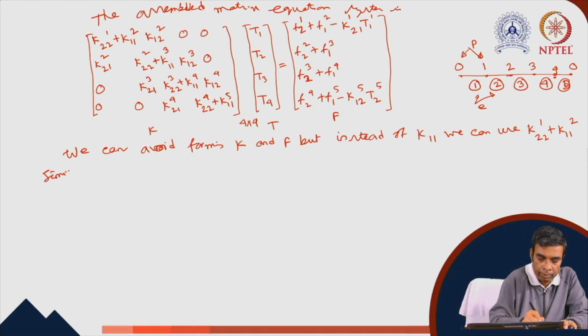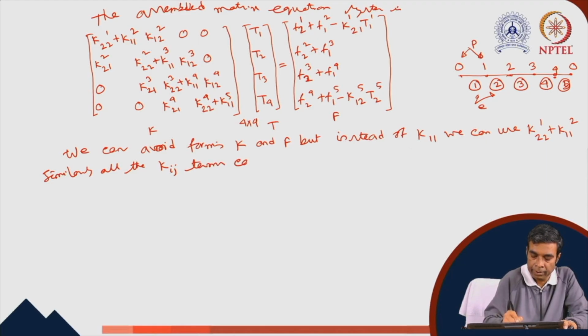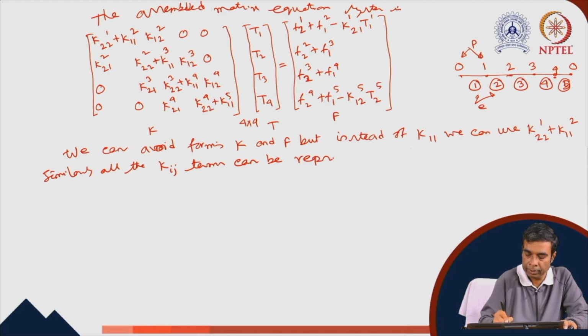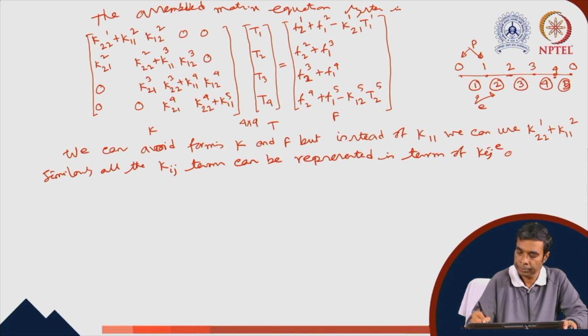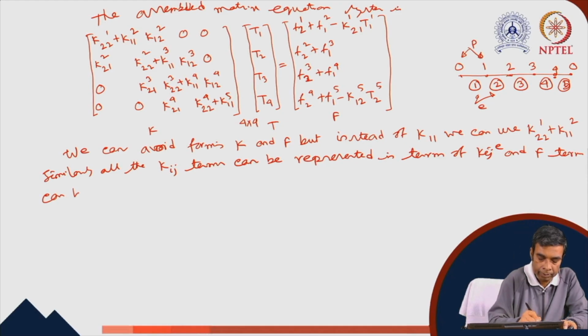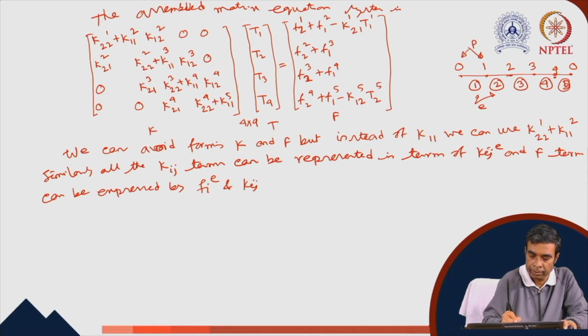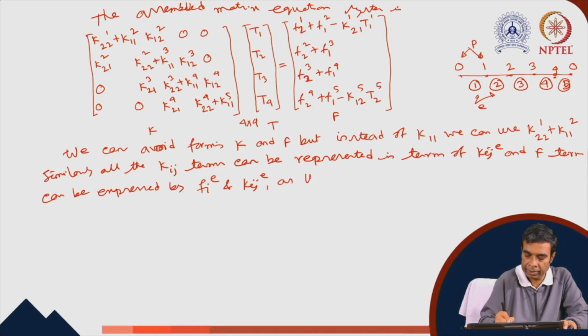Similarly, all the Kij terms can be represented in terms of Kije, and F terms can be expressed by Fie and Kije as the case may be, based on the boundary conditions.